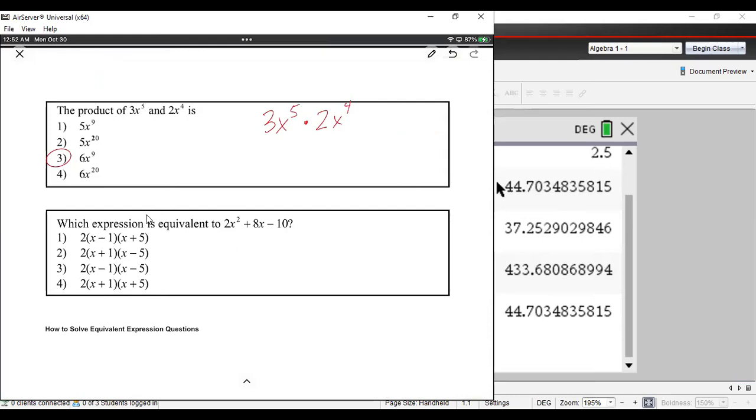Now the next one is basically something that we're going to see later in the year. This is a quadratic and they want us to factor it, but it's the same idea. Whenever you see this word equivalent, you can always store a number in for the variable, key in the original expression, and then go find the ones that match. So I'm going to do that.